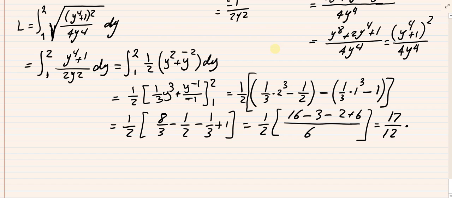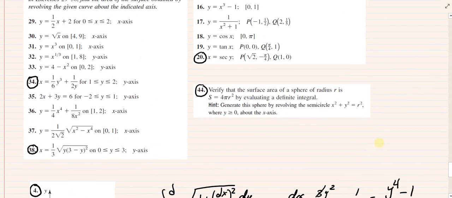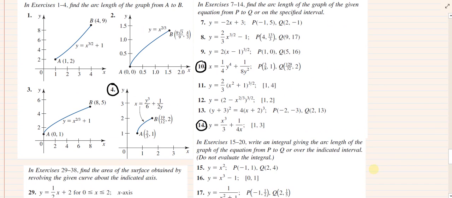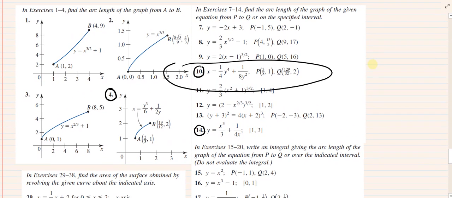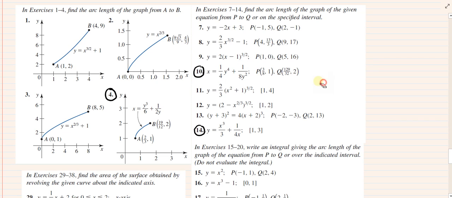Now let's take a look at number 10. For exercise number 10, we want to find the arc length of the graph of the given equation from P to Q, or on a specified interval.